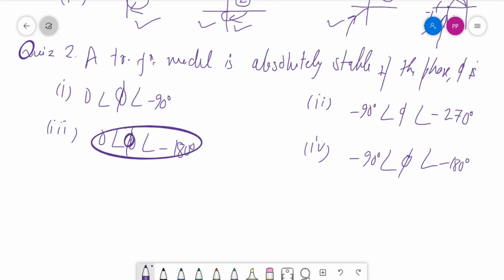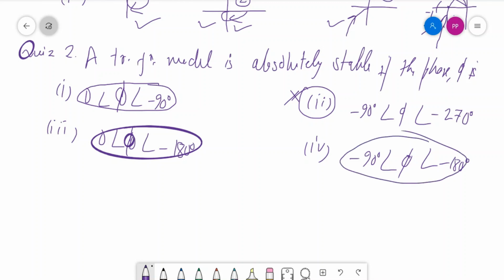The second option which comes for us is this one. This goes into the second quadrant, so we reject it, and again this goes in minus 90 to minus 180 degree, so again we find it okay for our requirement. So we see that the system with options 1, 3 and 4 satisfy our requirement of absolutely stable.